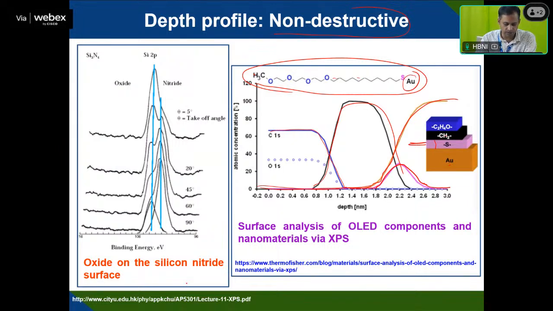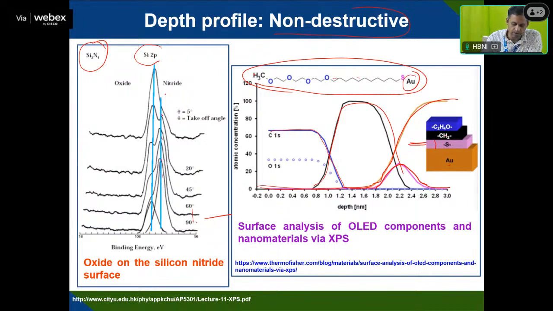Similarly, look at the oxidation state on a silicon nitride surface, at different angles, for example 90 degrees. Here your peak is mainly going inside, so you are able to see the nitride peak here, and silicon nitride with oxide on top, meaning the top surface oxide is produced here.